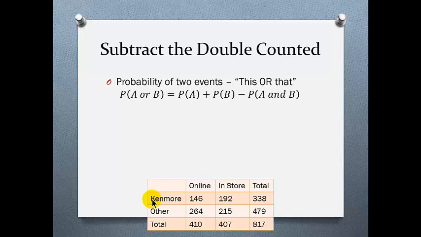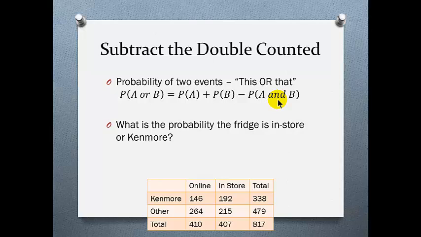The way we do that is we can take the probability of the first event plus the probability of the second event, but that's going to double count that center area of the Venn diagram. So we have to subtract the probability of both of them happening. Subtract out the double counted, where they overlap in the Venn diagram.